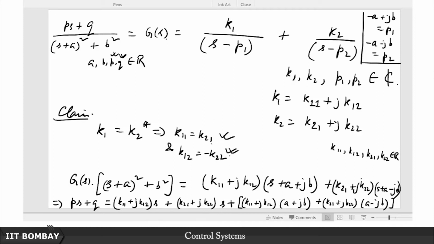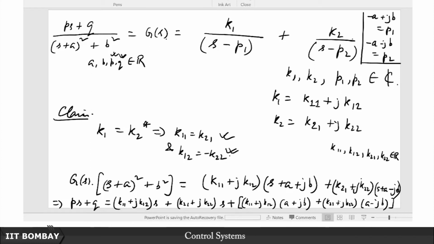So although it is not a big deal and anyone can prove this, the point is that when you are expanding, even though it appears there are 4 terms here and only 2 terms expanded by partial fractions, essentially because K1 is equal to K2 conjugate, you are still left to deal with only 2 unknowns. So what you have to equate and get from both sides are essentially 2 unknowns.